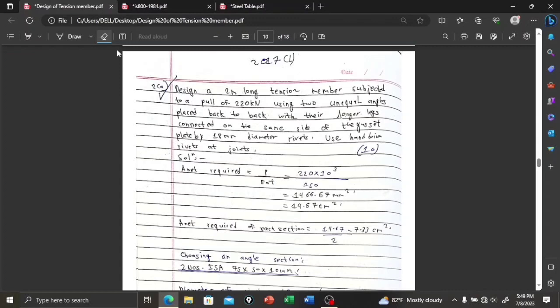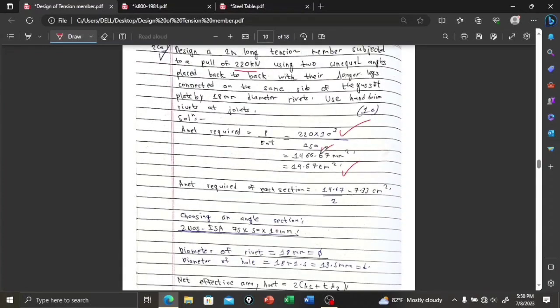So area required is as usual P by sigma 80. P is 220. So to convert it in Newton, multiplied by 1000 divided by sigma 80 is 150. So it is 14.67 centimeter square. This is the area of these two unequal angles. For one unequal angle, it is divided by 2, it is 7.333 centimeter square.